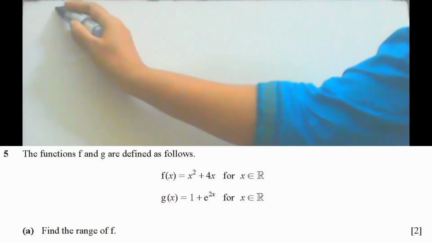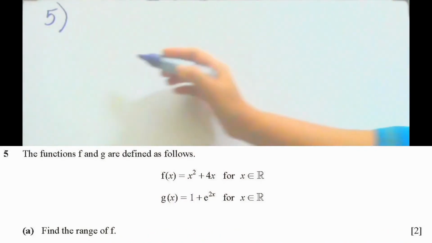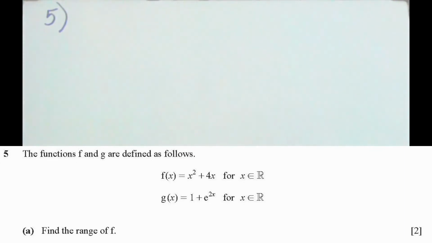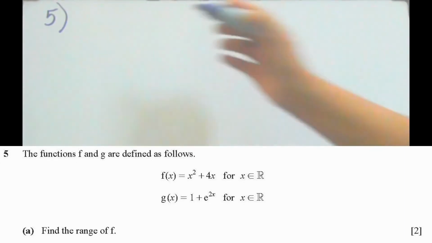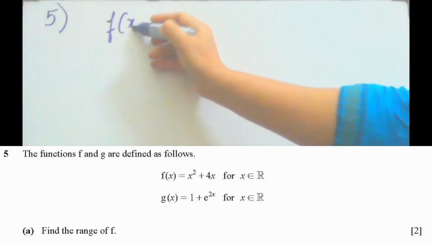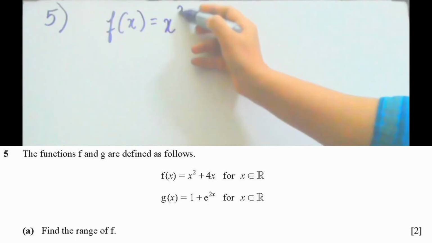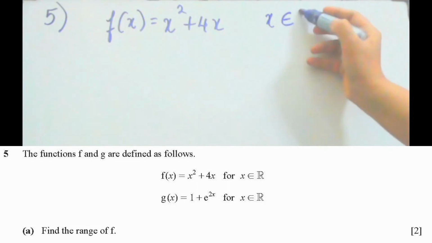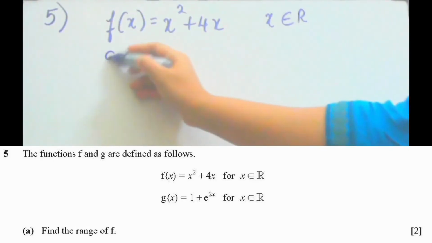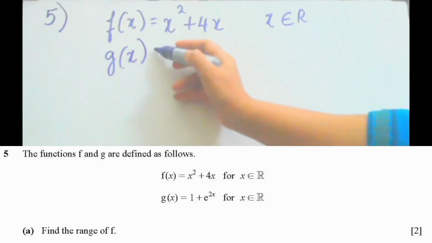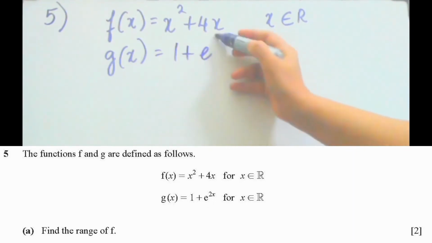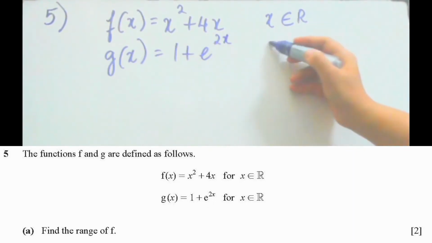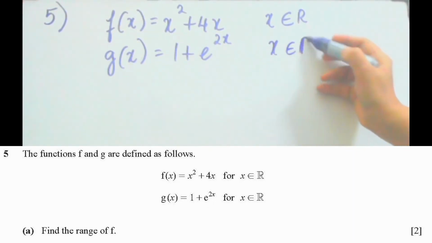Now we see how to solve the fifth question. The functions f and g are defined as follows. F of x is equal to x square plus 4x, x belongs to the set of real numbers. G of x is equal to 1 plus e power 2x, x belongs to the set of real numbers.